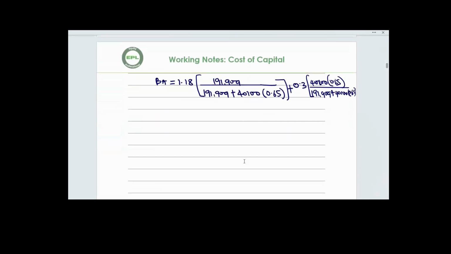So for beta assets, we have done the first part. This one gave us 1.04, plus the other side.